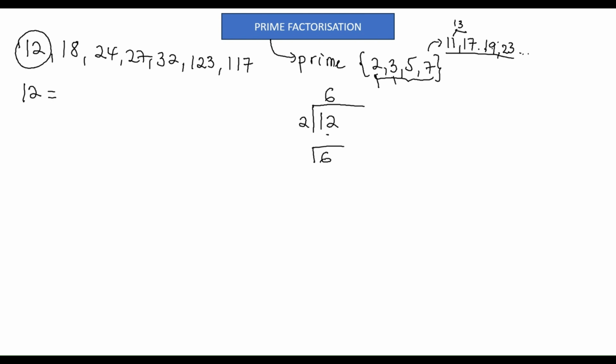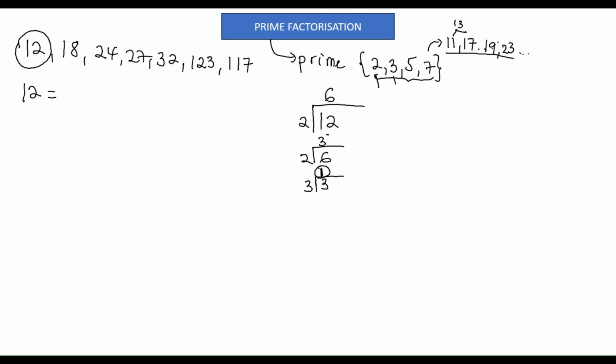Can 2 enter 6? You see that 2 can still enter 6, and you get 3. Now 3 is the number that we are dividing. Can 2 enter 3? No. Can 3 enter 3? Yes. 3 will enter 3 once. So finally at this point, we've gotten 1.